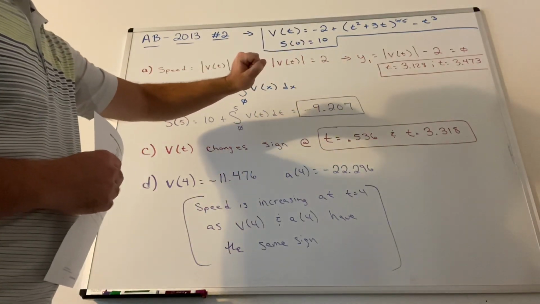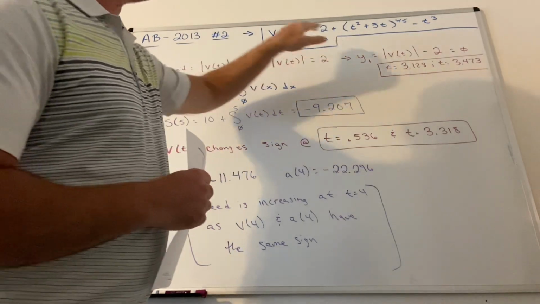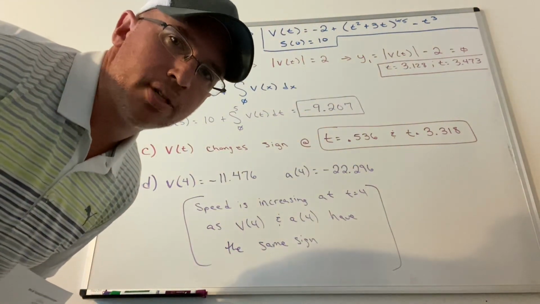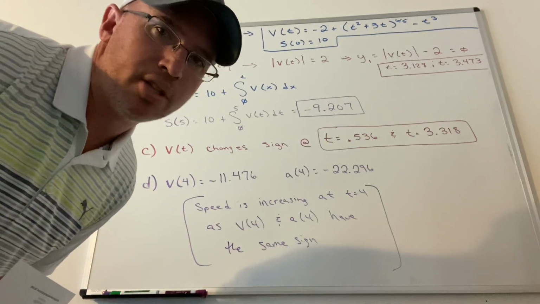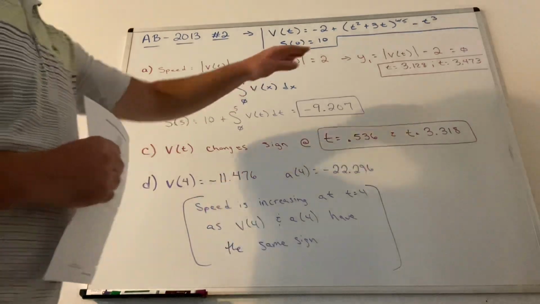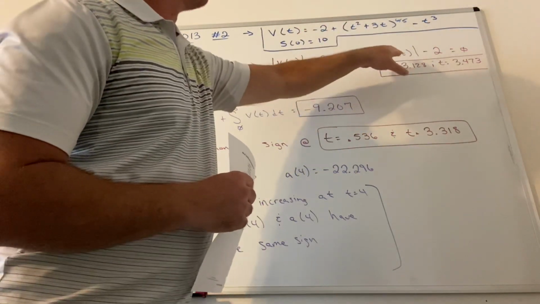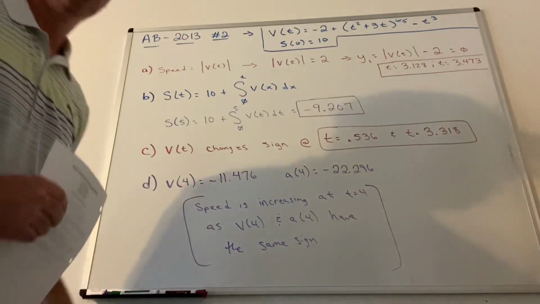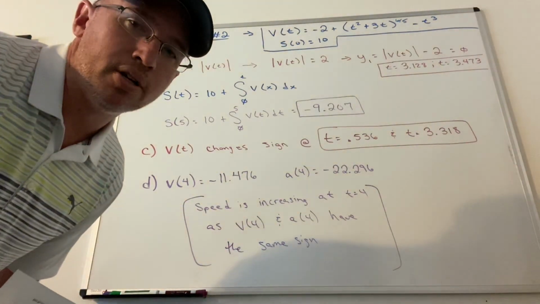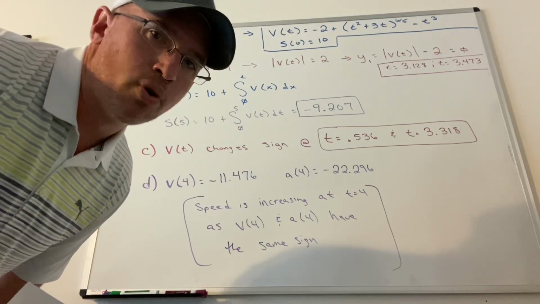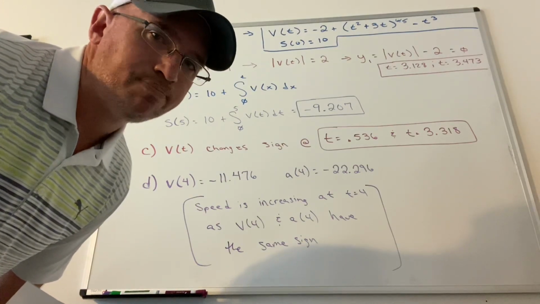And then in my Y1, I'm going to type in math num abs on your calculator, which will get you to the absolute value bars. So I'm going to type that and then type my velocity equation so that it's in bars, minus 2. And then I'm going to change my window so that the x min is 2 and the x max is 4 because that's all I'm interested in.